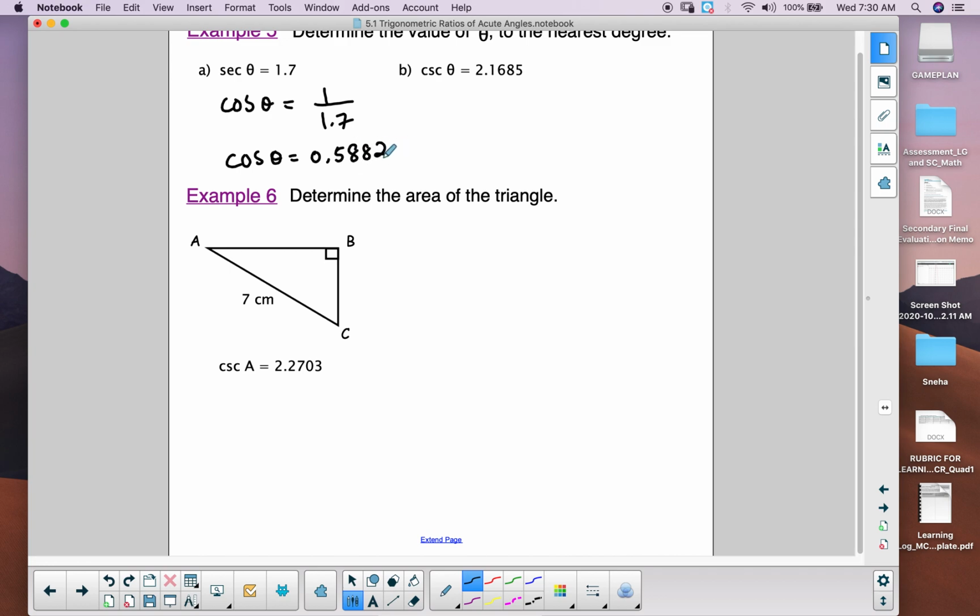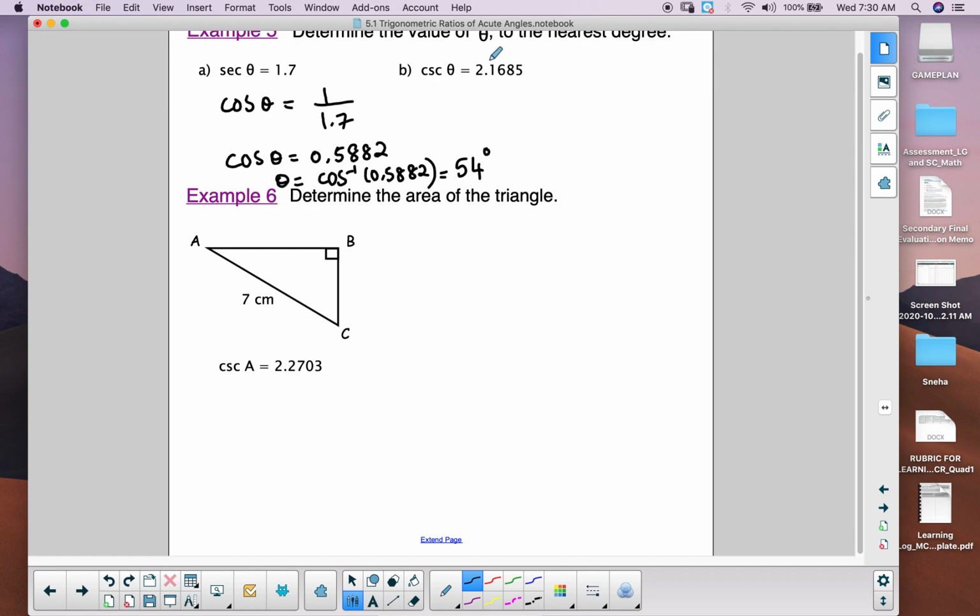Always take it to 4 decimal places. So theta is going to work out to be cosine inverse of 0.5882, which is to the nearest degree 54 degrees. I actually get 53.96, but because all angles are given to the nearest degree, I rounded it to 54 degrees.